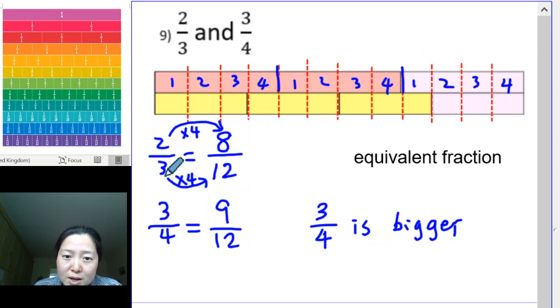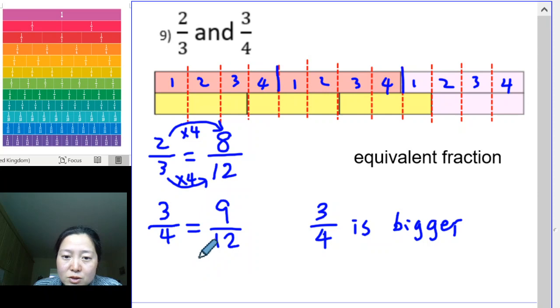Now if I multiply the denominator by 4, I'm cutting the whole thing into 3 sets of 4s, which is 12. And then I am taking the two big pieces, but each big piece is 4 small pieces. So my numerator has to go 2 times 4, to become 8 small pieces.